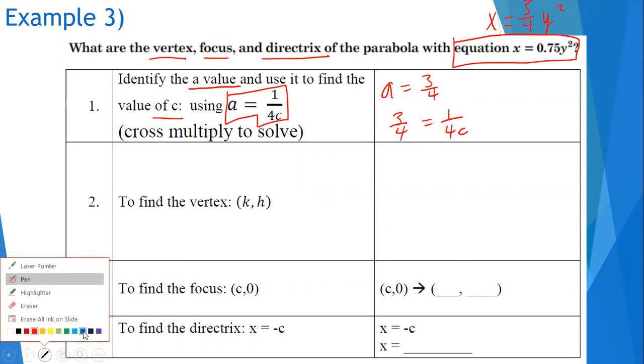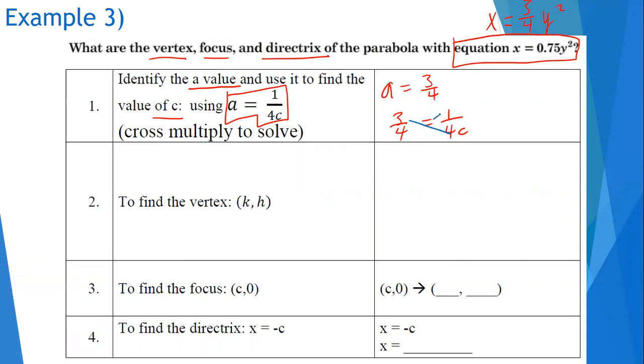Cross multiply. I get 3 times 4c is 12c. 4 times 1 is 4, so I'm going to divide by 12. So c equals 1/3. Why is it 1/3? Because I can simplify, right?